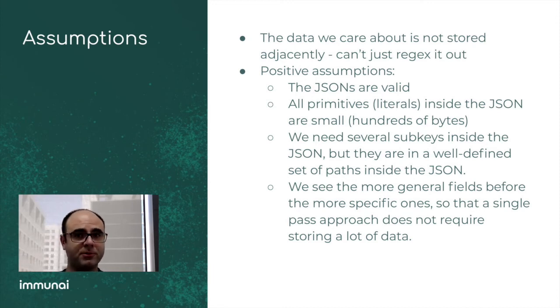So we could just remember the generic ones, iterate over the specific ones, and then output a record for each specific entry. So we didn't need to cross-reference a lot of information, which would have been a harder problem.